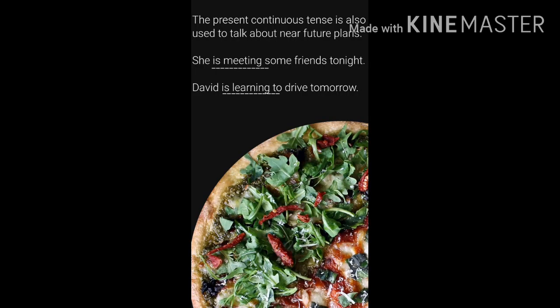Next usage of present continuous tense. Present continuous tense is also used to talk about near future plans. Let's see some examples. She is meeting some friends tonight. Here we can see an action is going to happen in the near future. Here the subject is she.